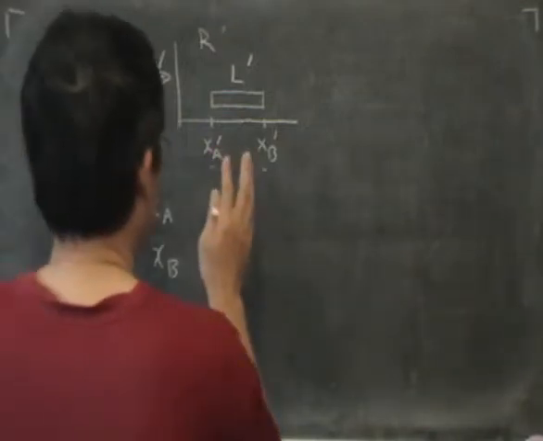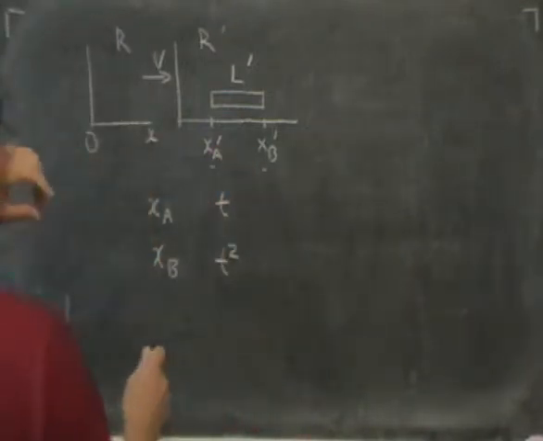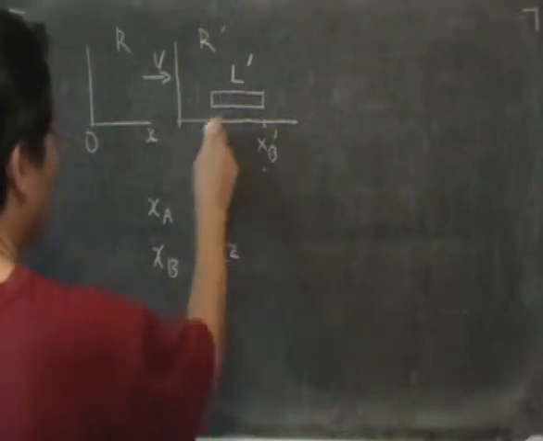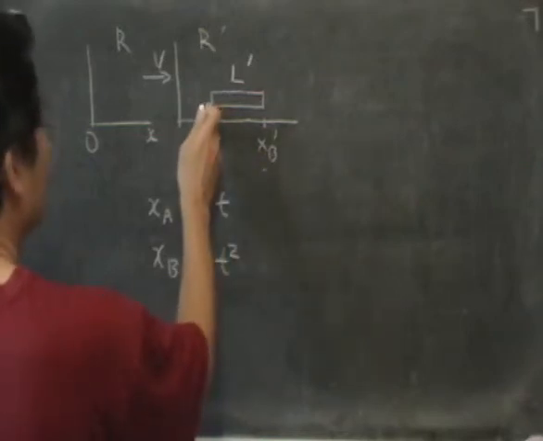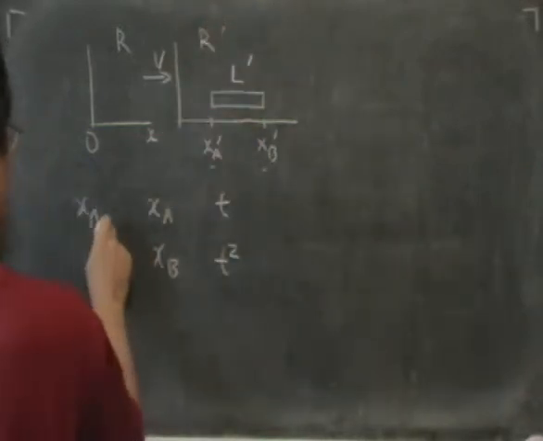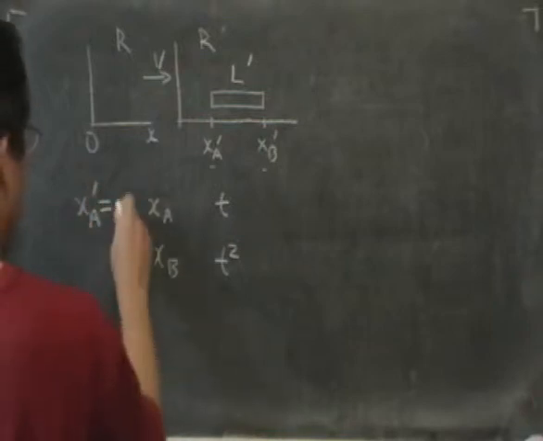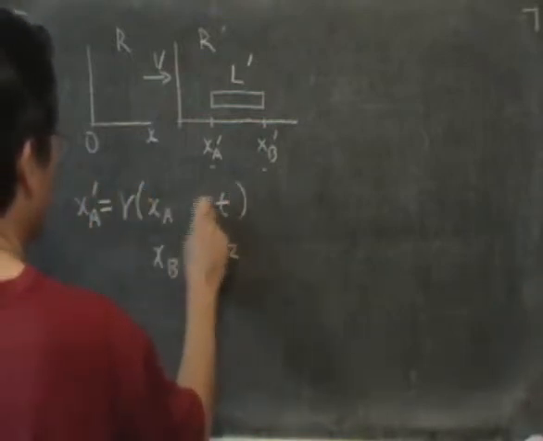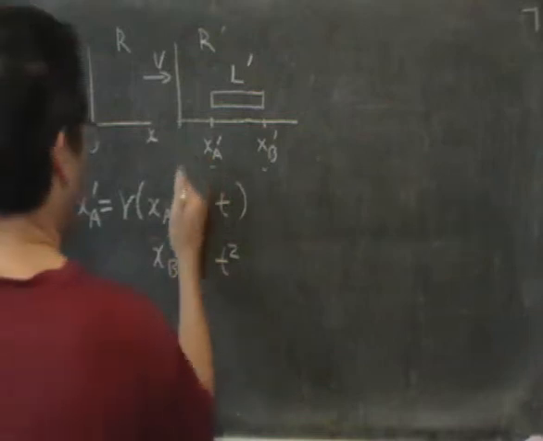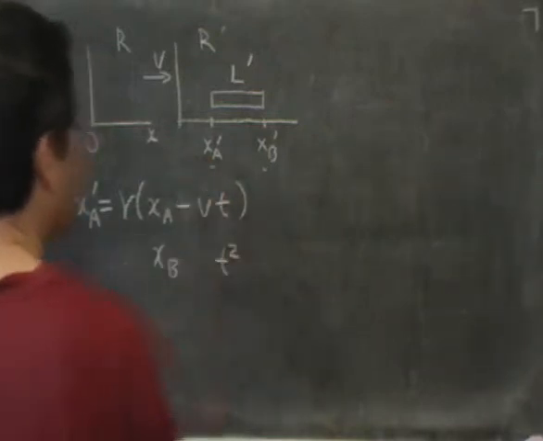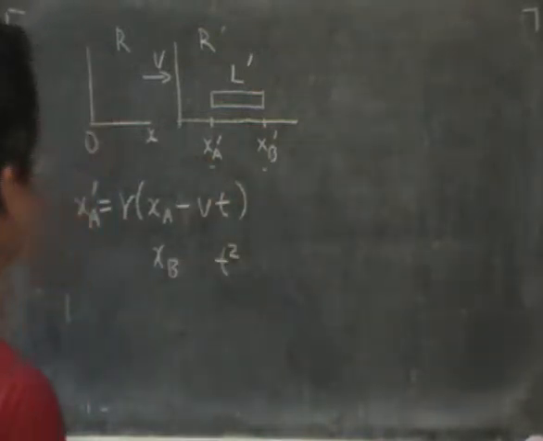And in terms of these coordinates, we know that xa prime, the coordinate of this end of the ruler as seen by this observer, is given by this equation from the Lorentz transformation.